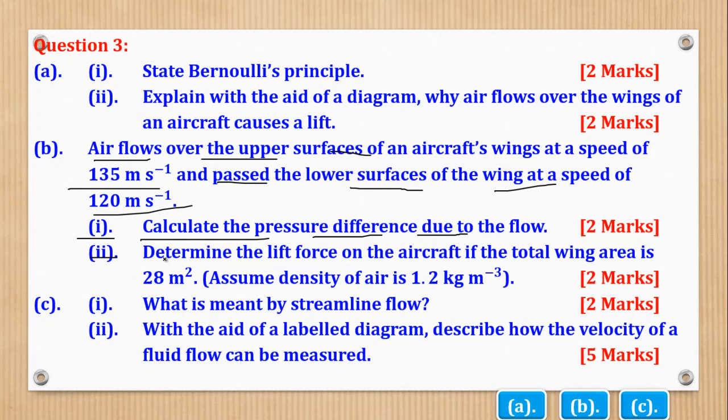And Roman 2, determine the lift force on the aircraft if the total wing area is 20 meters squared, assuming the density of air is 1.2 kilograms per cubic meter. So let's start with the pressure difference, after which we shall go to the lift force.